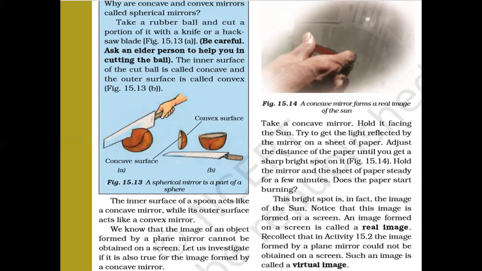And in case of a convex mirror, the outer part of the surface was the one acting as the reflecting. Then we also saw about the images which can be obtained on the screen, which we call as real image, and those which cannot be obtained on the screen are called as virtual image.